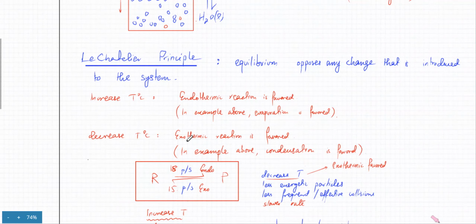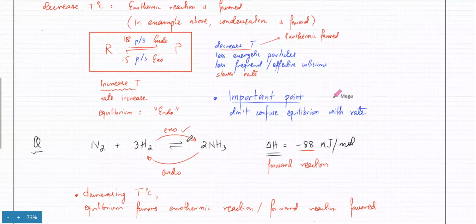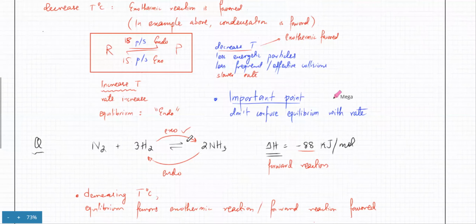And then I stated this particular idea that always remember, always check whether he's asking for equilibrium or whether he is talking about rate of reaction. So remember, if ever he's talking about decreasing temperature and he's all of a sudden talking about rate of reaction, then the rate of reaction, whether it's the forward or the backward, both reactions, their rate would decrease, irrespective of whether they are endothermic or exothermic. Both reactions, the speed would decrease if you decrease temperature.